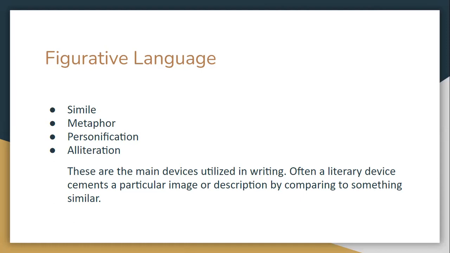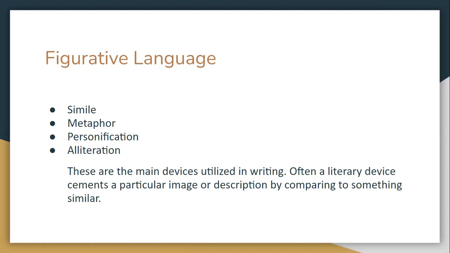One of the common devices that I know students use and I think really helps in narrative writing is alliteration, where the initial consonant, letter, or sound is repeated in at least two or three words consecutively.